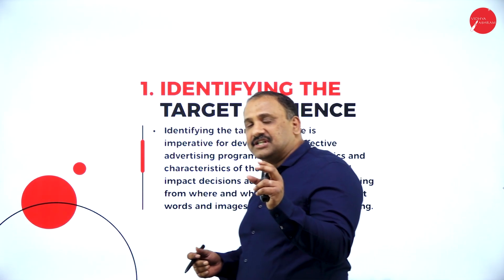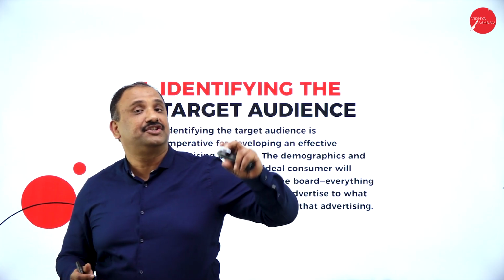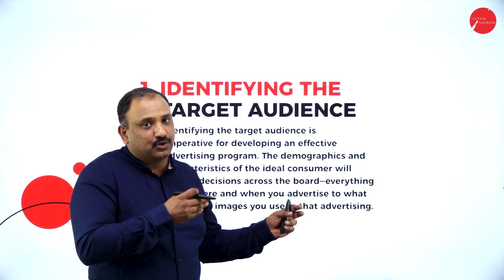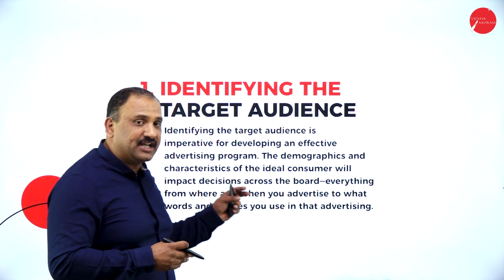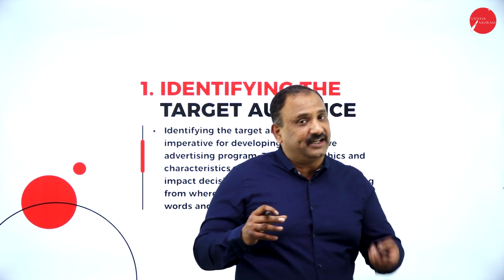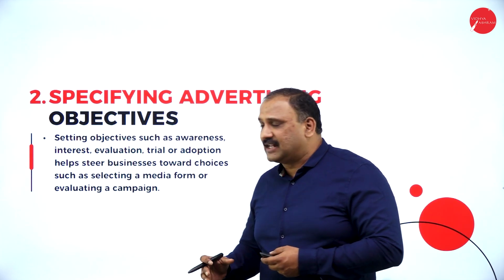So the decisions that you are going to make would also impact a larger section of people, and that is not something going to be in a minuscule amount. So that's where I would like to say that the ideal customer range always needs to be decided before we start launching the project. Specifying the advertising objectives.